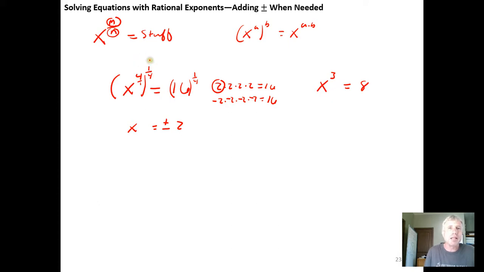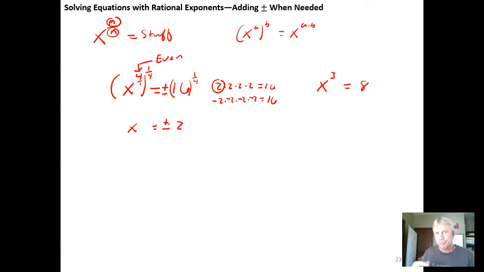So in general, in the case where we have an even numerator on a rational exponent, we're always going to get 2 answers. As soon as we raise each side to the 1/4 power, we have to put a plus or minus immediately.